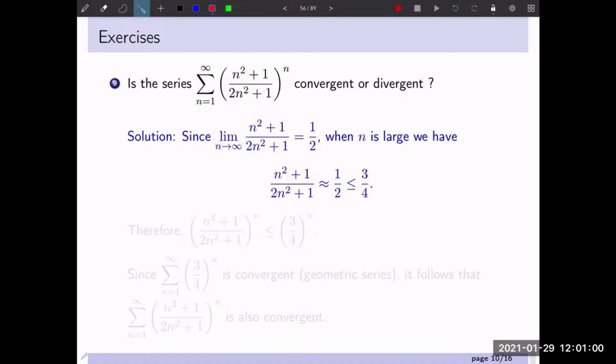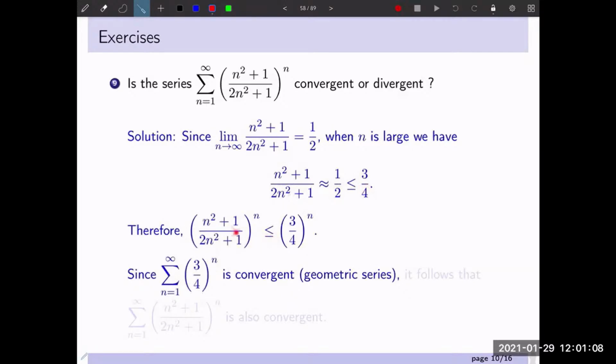Therefore every term of the series will be smaller than 3/4 to the power n when n is large, while the latter series, the bigger series, is convergent. It's a geometric series. Therefore, the original series is convergent.